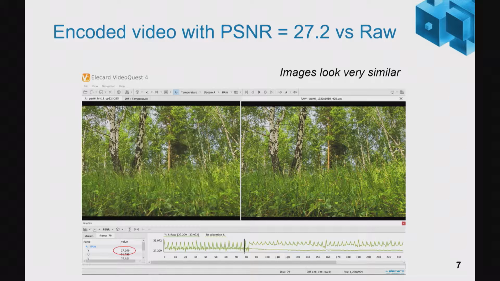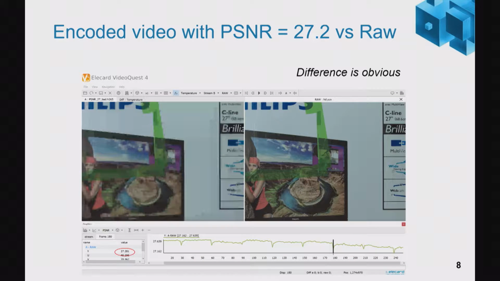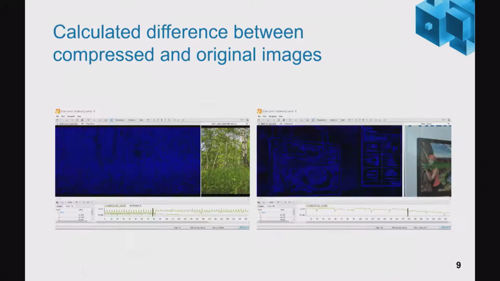But a usual consumer cannot find the difference between those 2 images. And take a look at another. We also have PSNR 27 between those 2 images. And actually, what does PSNR mean?